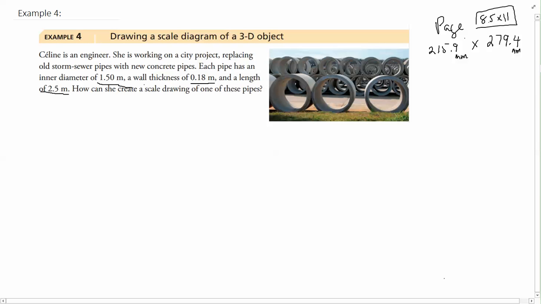And now let's decide what's the best scale factor for us. So the first thing we need to do is think about how we're going to draw this. If we try to draw something with perspective, where you're going off and meeting a point at the end, that often skews your actual measurements, and so very often we don't do scale drawings with perspective, because the intention of the scale drawing is to not distort our measurements at all.